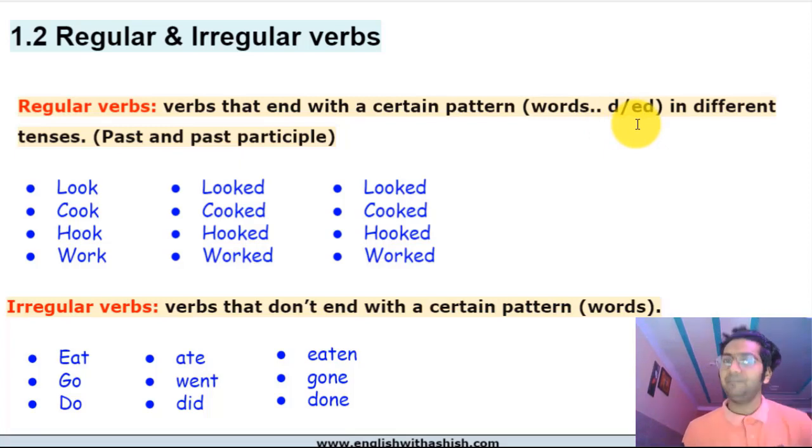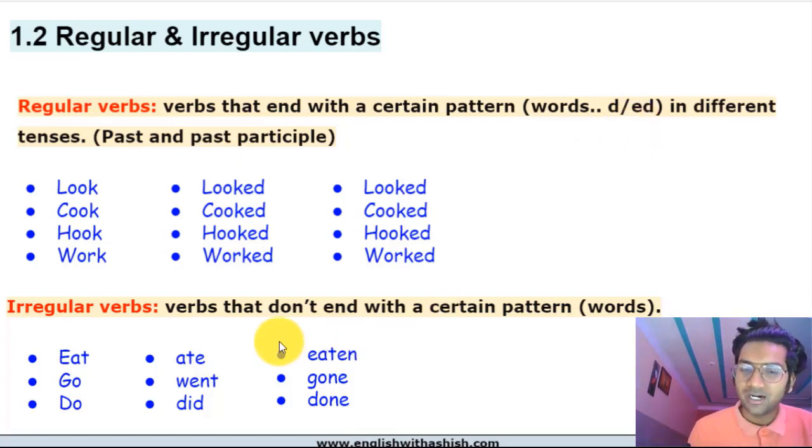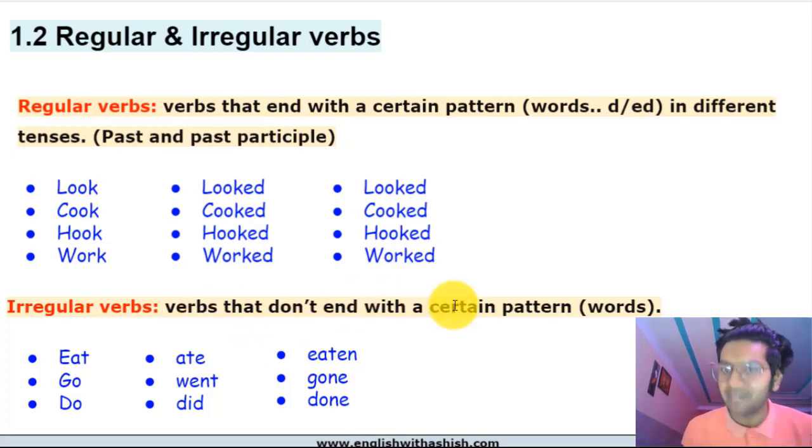But irregular verbs, these are action verbs that do not have any pattern at all when they're changed into past and past participle. That is the basis of their creation. They do not have anything to do with the grammar. It is just how they're formed, right?